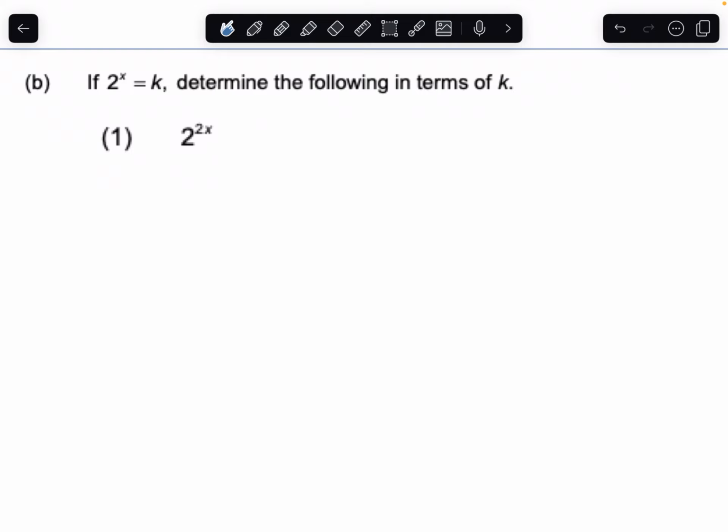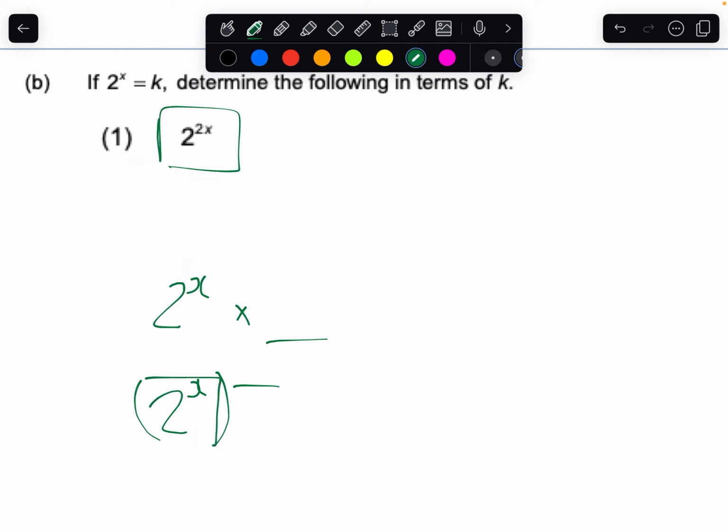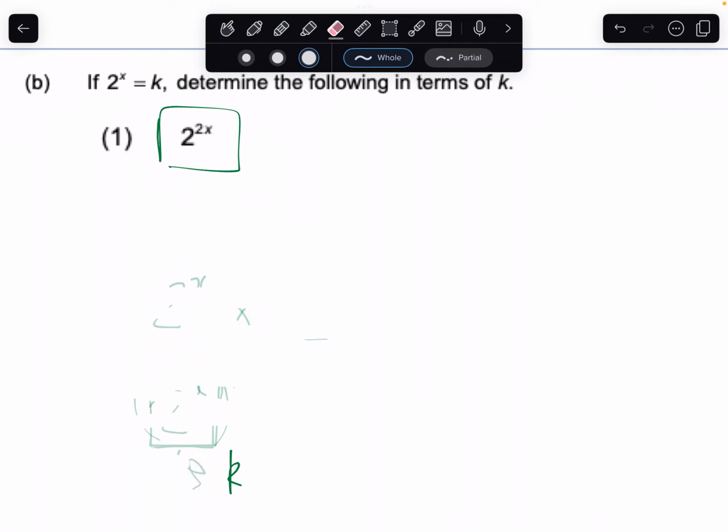The goal with this question, I think, is to express whatever you're given as 2 to the power of x raised to some power, so that you can have this 2 to the x clearly by itself and then replace it with k, because we've been told that 2 to the x is equal to k. So let's see what we can do for this first one.